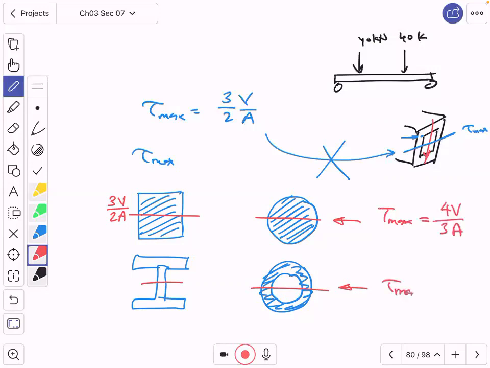This one, tau maximum equals 2V/A. The idea here is that when you have a hollow section, it is not the same as when you have a solid one. Do you understand that?